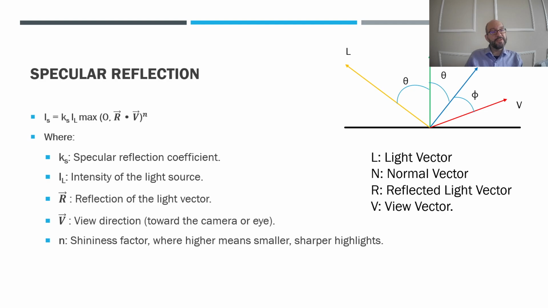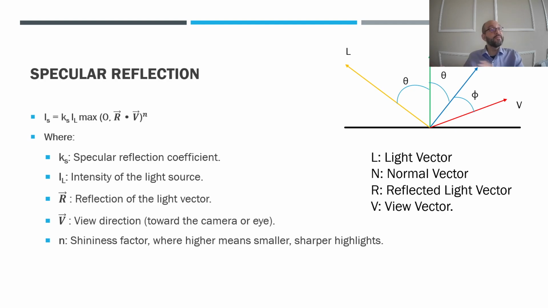Its mathematical expression is calculated by the product of the specular reflection coefficient, of course, the intensity of the light source, and the maximum of zero or the dot product of the reflection of the light vector, which can be calculated and will be covered later in another class, and the view direction.